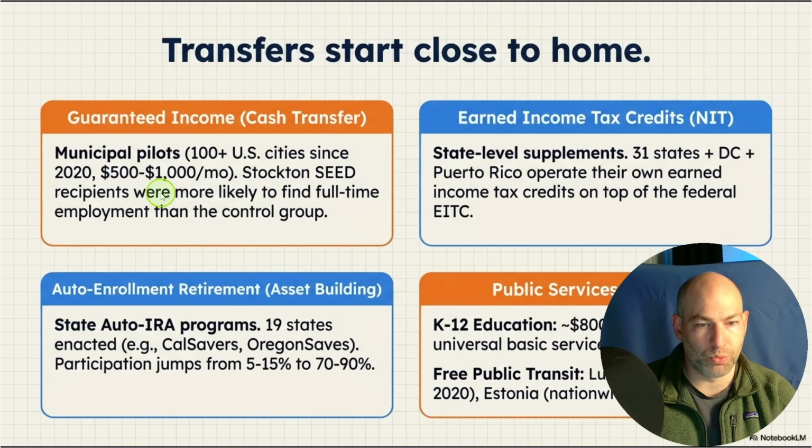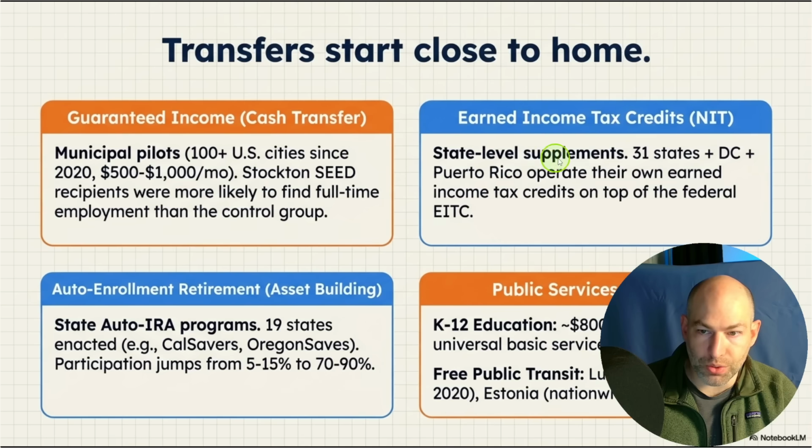Stockton SEED recipients were more likely to find full-time employment than the control group. So when you break it down, instead of saying this has to come from the national budget exclusively, one thing that's really interesting is that guaranteed income pilots can start relatively small and local. So that's a very important point to keep in mind.